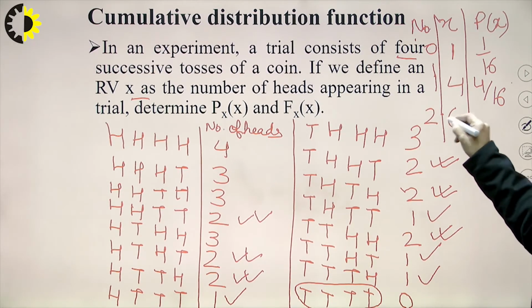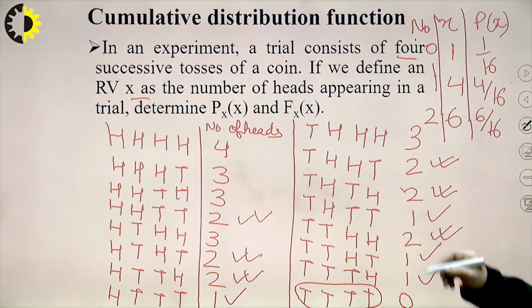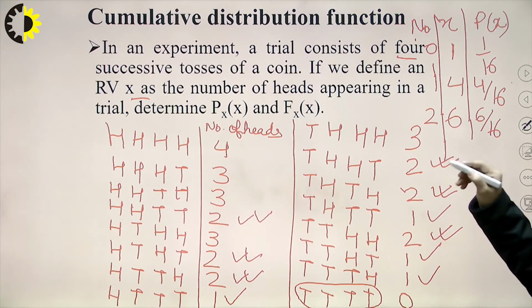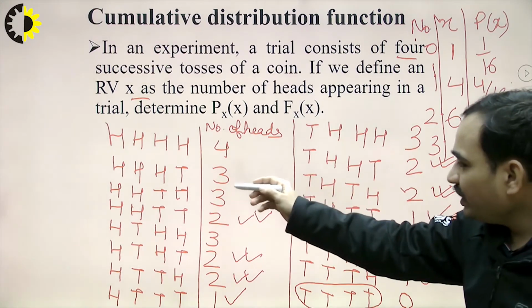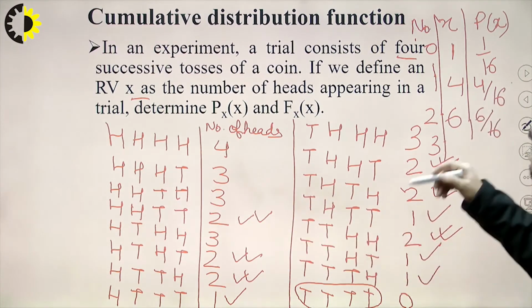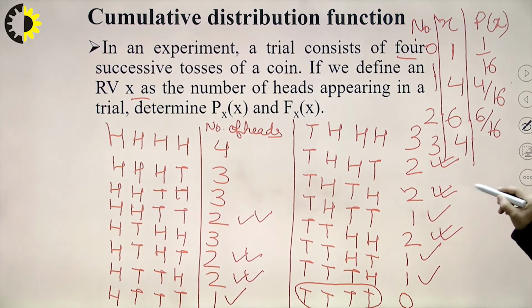The probability is equal to 6 by 16. Similarly, we can find for number of heads equal to 3. How many 3's are there? 1, 2, 3, 4. So there are 4 3's. This means the probability is equal to 4 by 16.